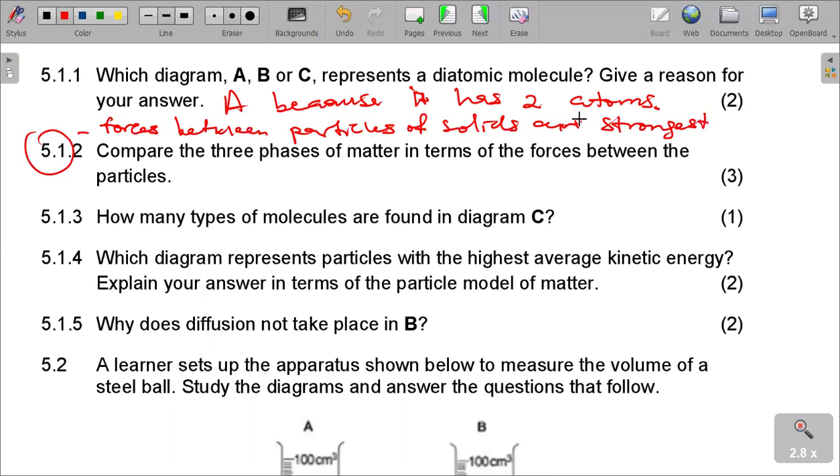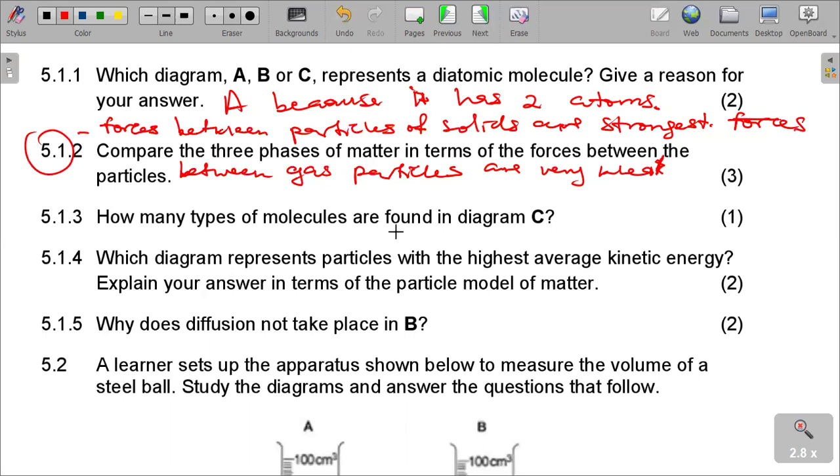They are strongest. And then forces between gas particles are very weak. They are very weak.